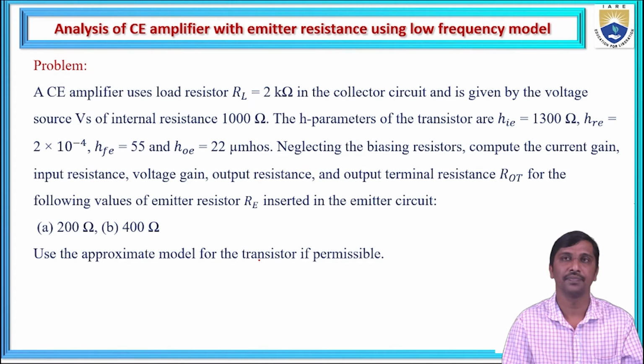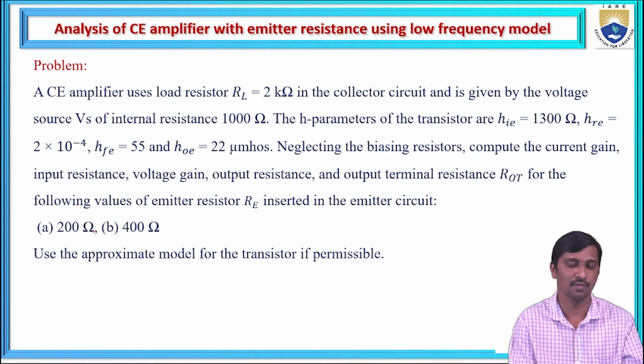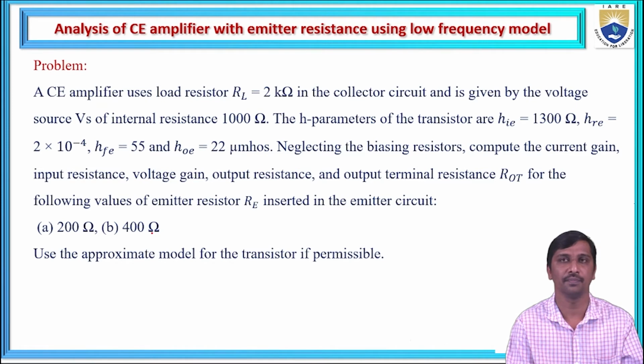So in this problem, we are going to calculate the current gain, input resistance, voltage gain, output resistance, and total output resistance with respect to the emitter resistance. They provide two different emitter resistances, one is 200 ohms, another one is 400 ohms.